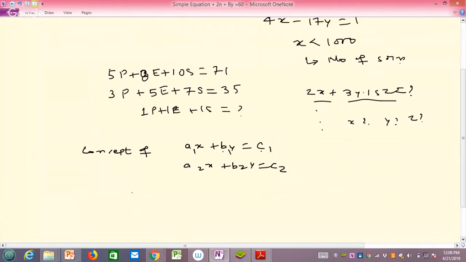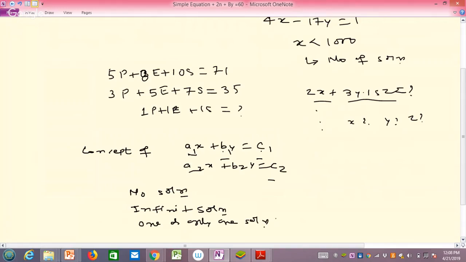What condition will give infinite solutions? I mean, what is the relation between these coefficients a1, b1, c1, a2, b2, and c2, and in what scenario will we have one and only one solution? So these are in fact very important aspects in terms of simple equation.